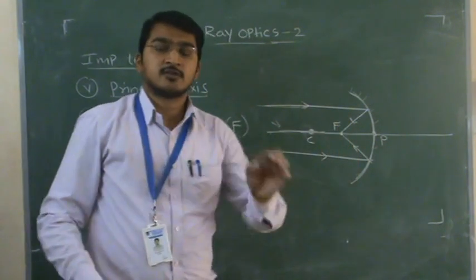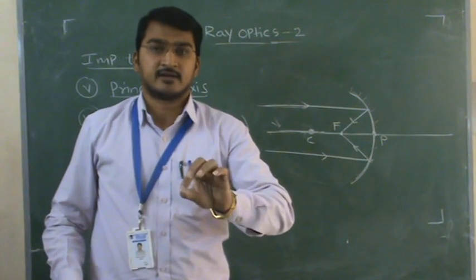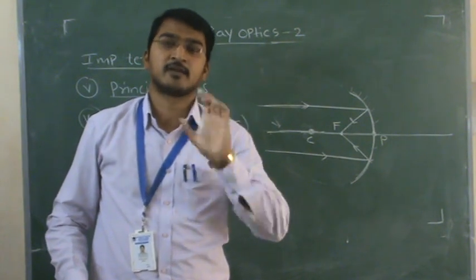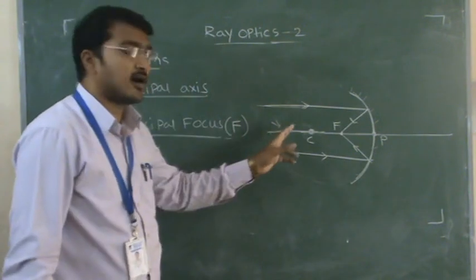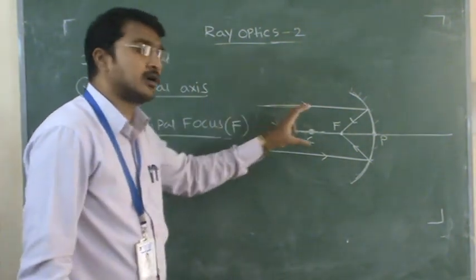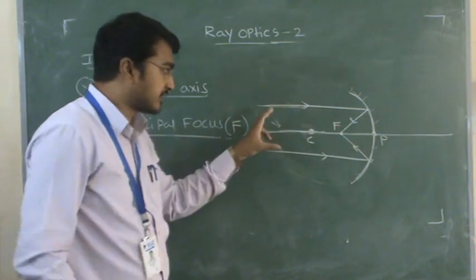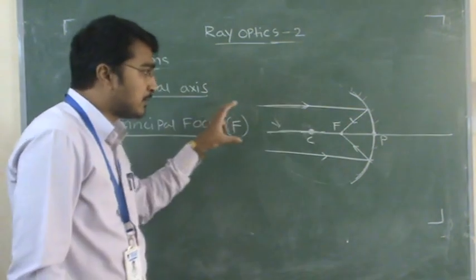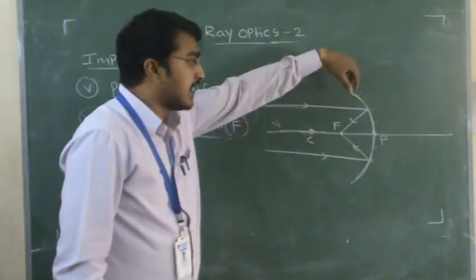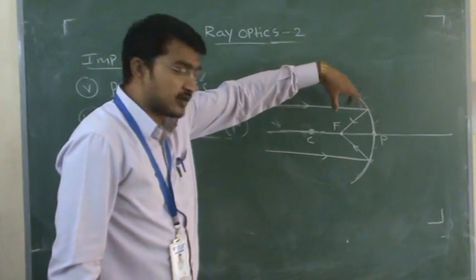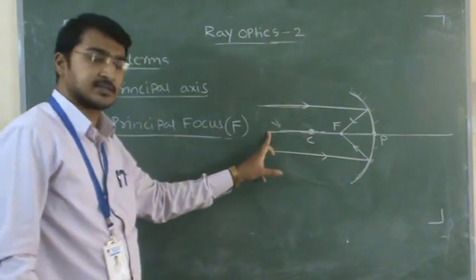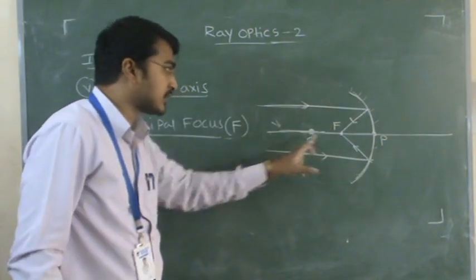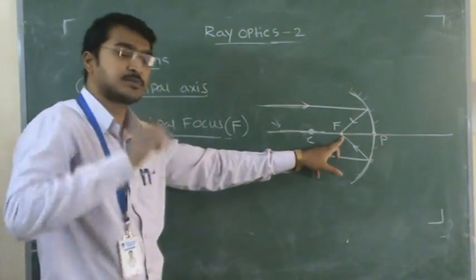So remember that, it is a focusing point. Now, how to define it? When light rays are incident on a mirror parallel to the principal axis, the reflected light focuses at a point on the principal axis. The reflected light focuses on which axis? Principal axis.